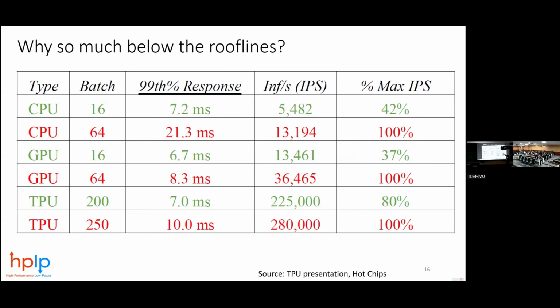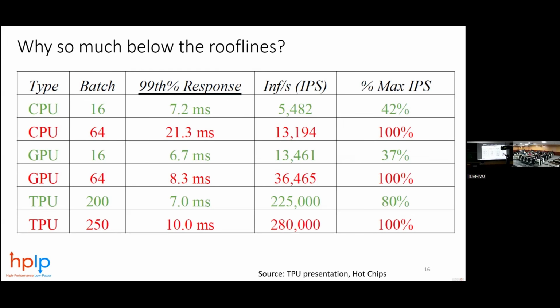So what they are looking at here is related to the latency of a response. If you want a fast response, in this case 7.2 milliseconds, 6.77 milliseconds, that's what Google considers good enough.